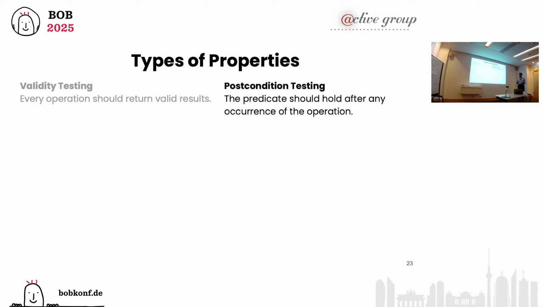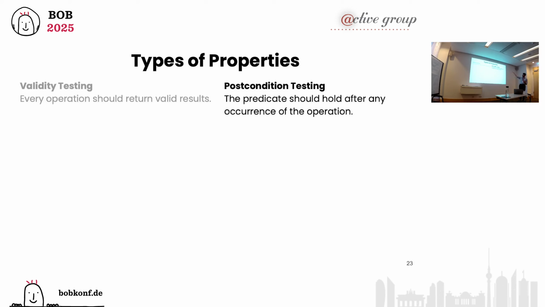A second type of property is post-condition testing. So you have some predicate that you think should hold after the operation. These things, I call them types, but they are much more like styles of thinking about properties.